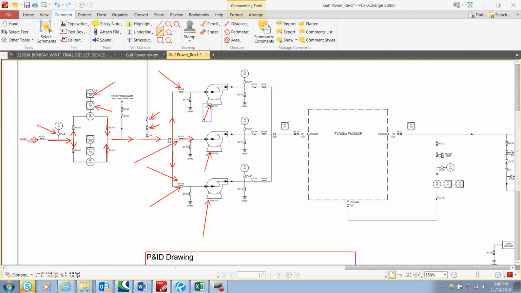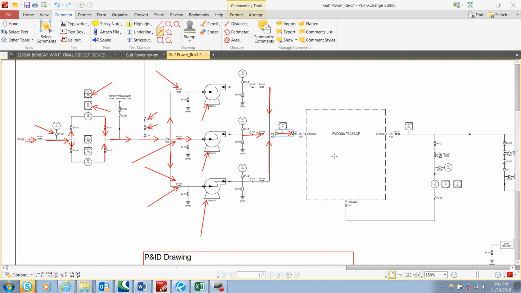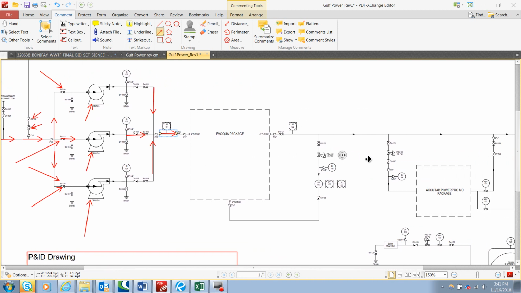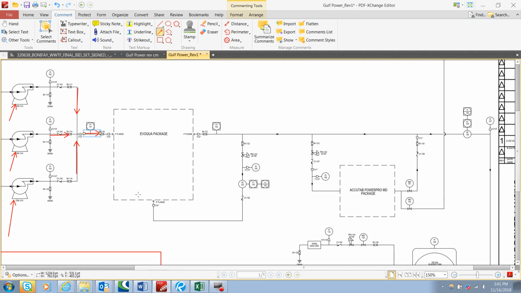All right, so once it goes to the pump, it comes back together here and goes out here. It's going to go through this particular piece of equipment here. We don't know any information on it, so it's boxed in, and then go through the rest of them.